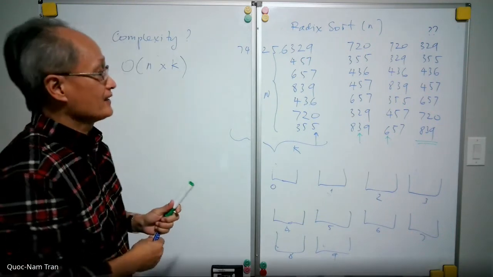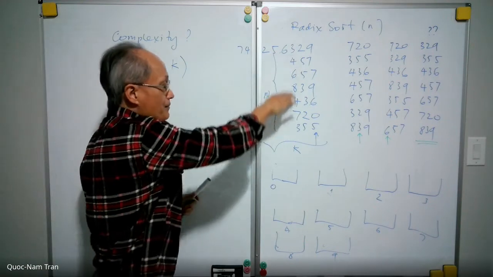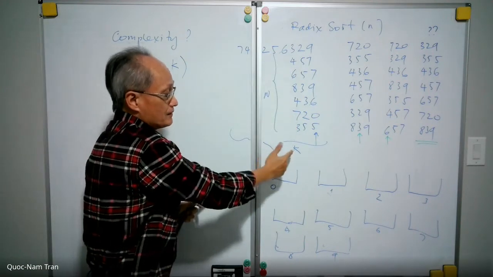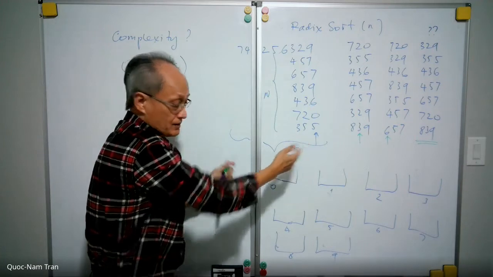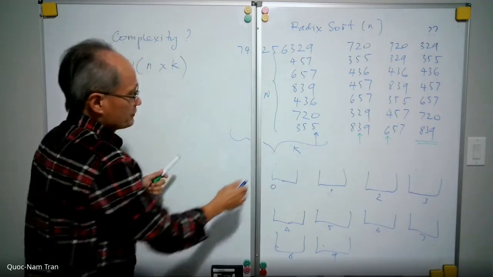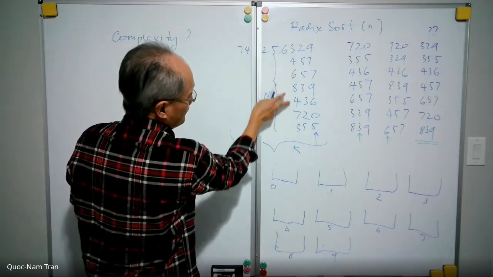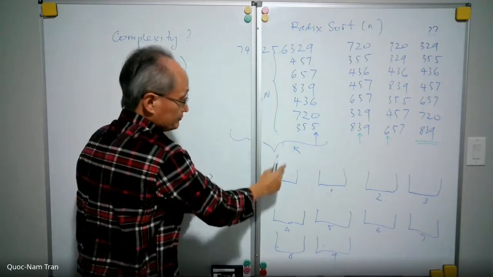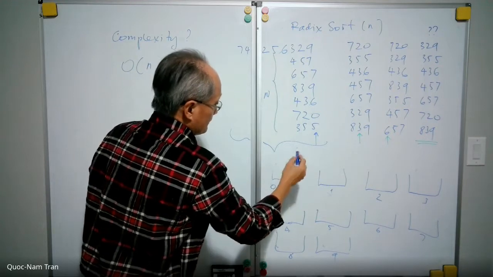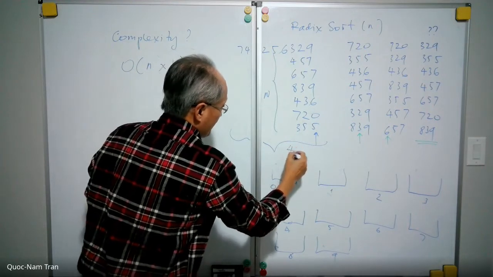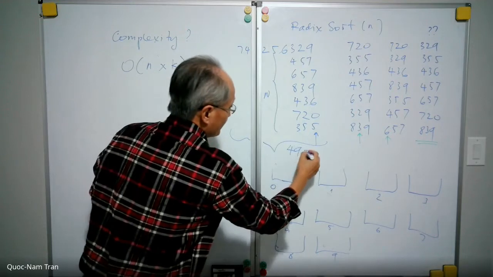So that said, if the list of numbers has, instead of a fixed number of digits, for example, here we have 7, here we can have 49 digits, for example, okay?